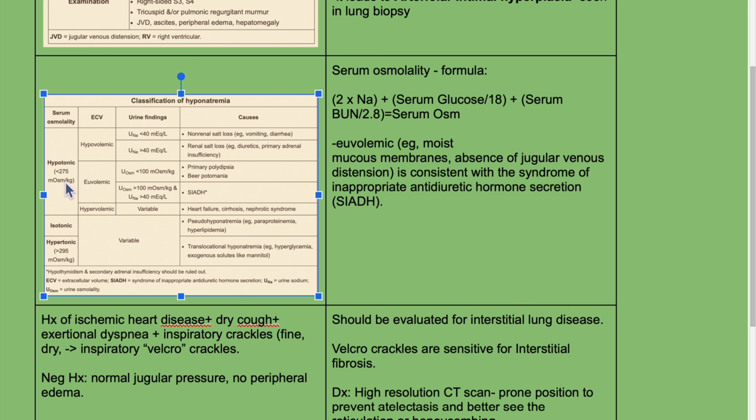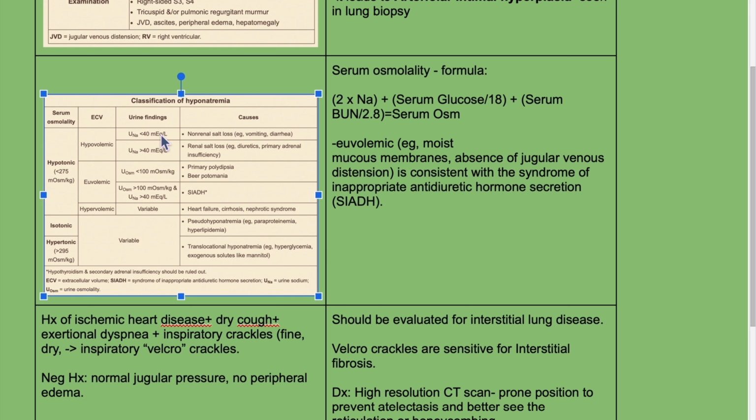Hypotonic, so an increased amount of fluid but a low amount of serum sodium. So it could be an increased amount of water, or a low amount, or the perfect amount of water volume. If you have low volume and your urine sodium is decreased, it's non-renal salt loss, so it could be diarrhea or vomiting.